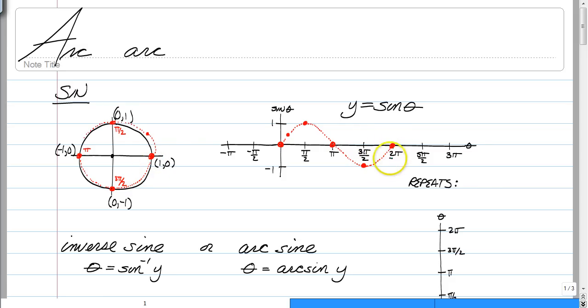And then what's going to happen after that? Well, on a unit circle, you start rotating again, so that exact same pattern is going to start to repeat itself after you get to 2 pi. And the other cool thing about this is if you were to go negative, a negative angle of rotation, you would just go negative in the opposite direction, and that exact same wave is going to continue.